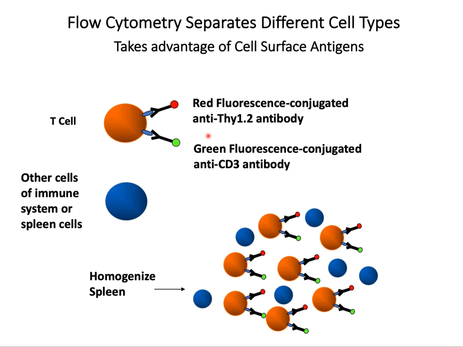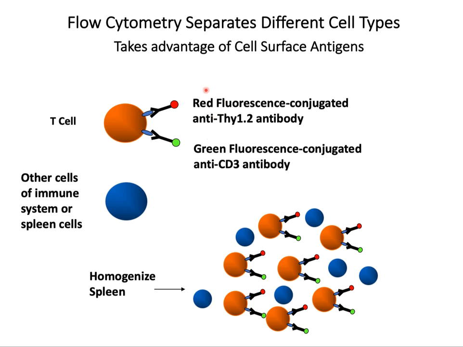spleen. The first step is to homogenize the spleen using disrupting agents such as proteases, we talked about it, like collagenase and trypsin, and calcium chelators like EDTA, and you end up with a heterogeneous population of cells. Then you use a fluorescent antibody that specifically binds to Thy1.2 and CD3.